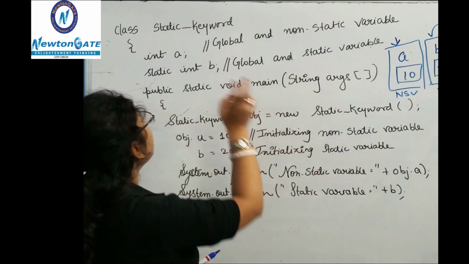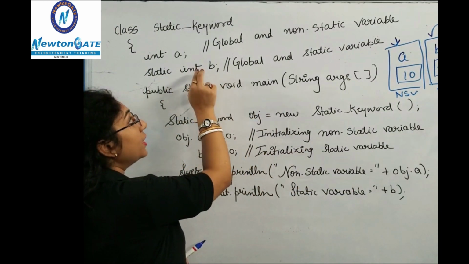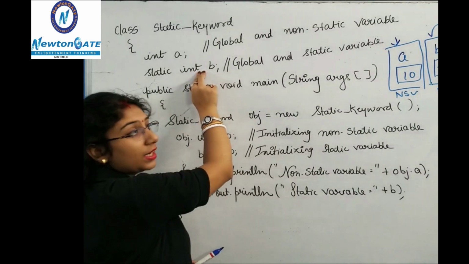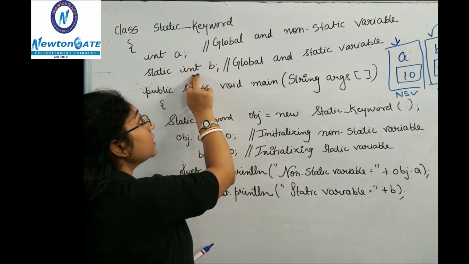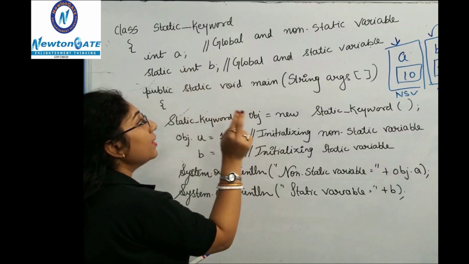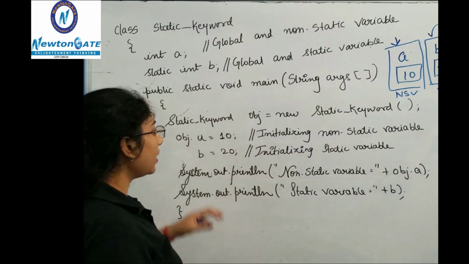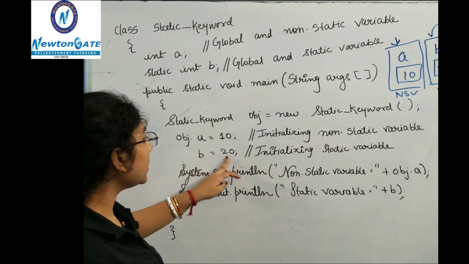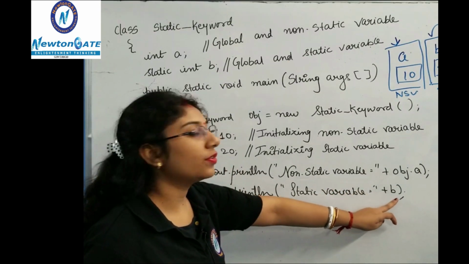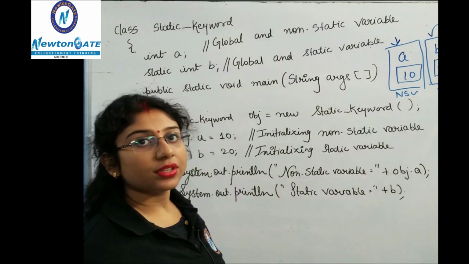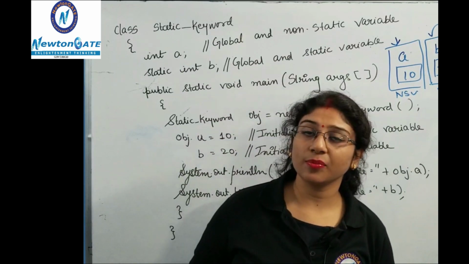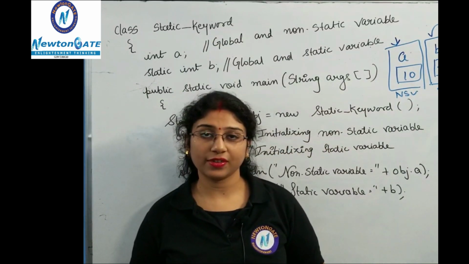But in case of a static variable, we don't need any object to access or initialize it inside a static function. That's why here I have directly written b equals 20 and static variable equals b. So this is the difference between a static variable and a non-static variable.